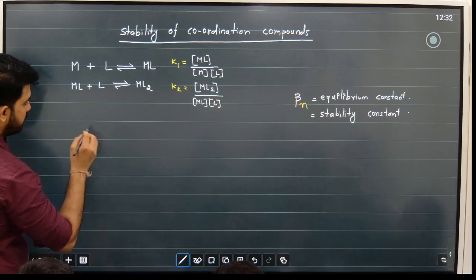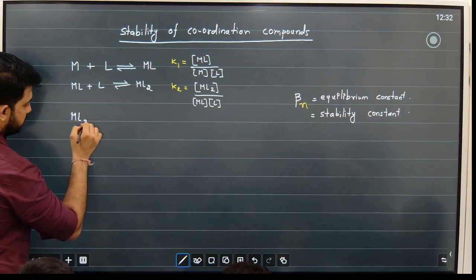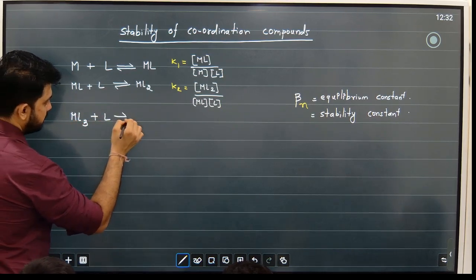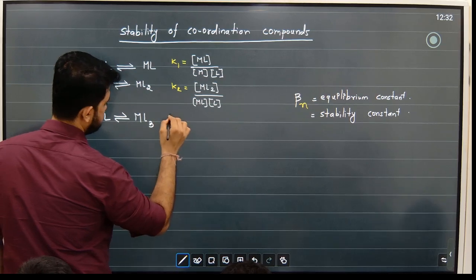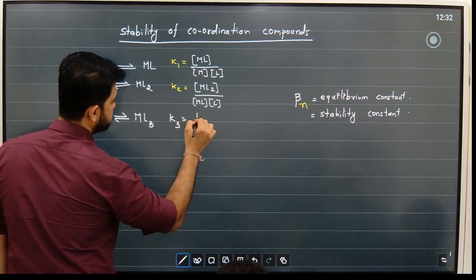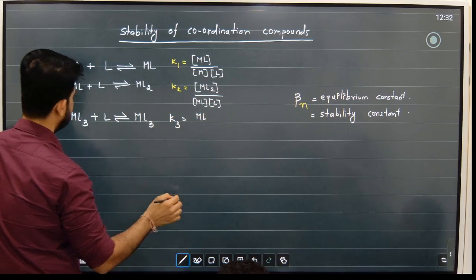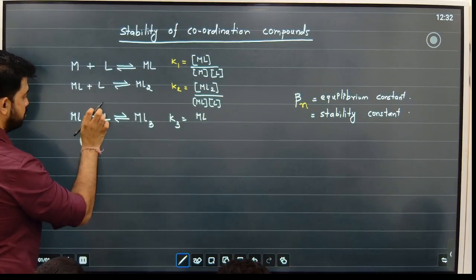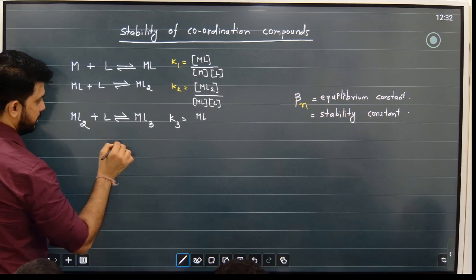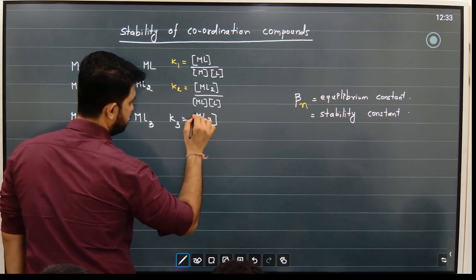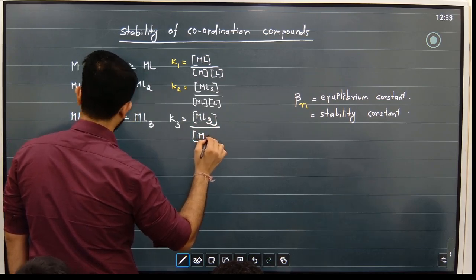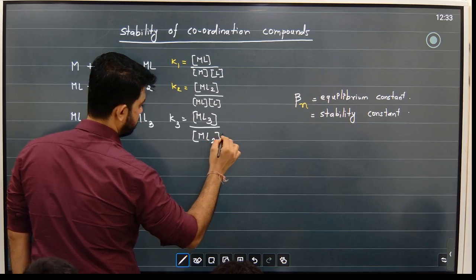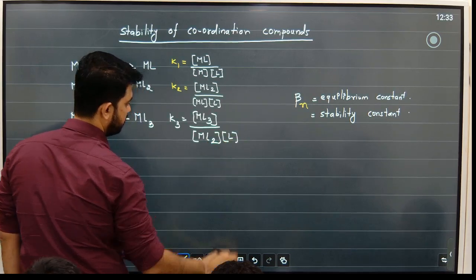So ML2 plus L gives ML3. K3 can be written as ML3 over ML2 and L, yes or no?